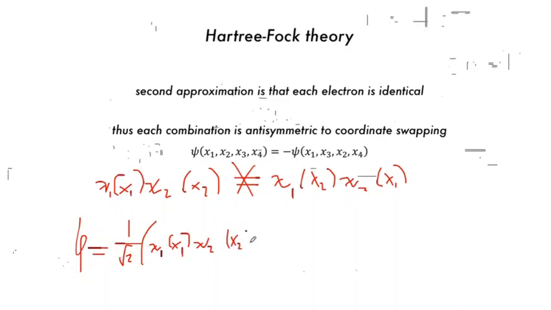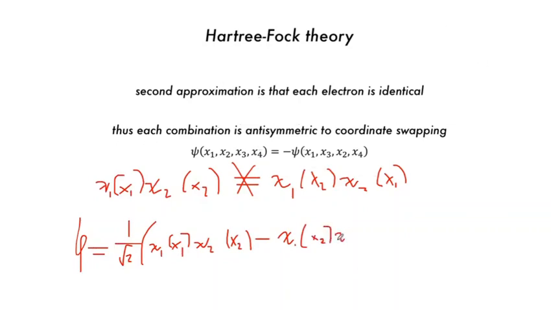This is what is happening under the hood of the software. Okay, something like that. So that's a linear combination then of the two potential combinations.